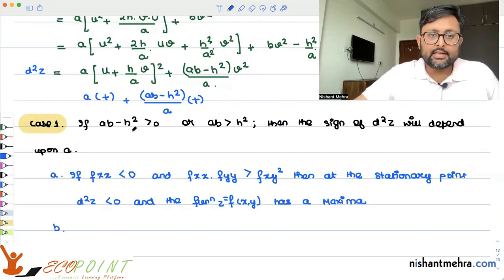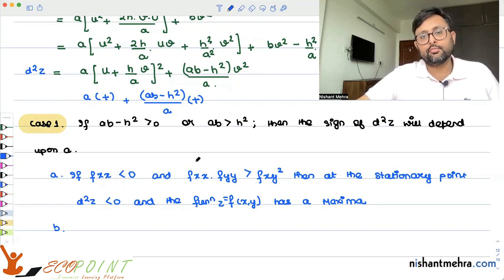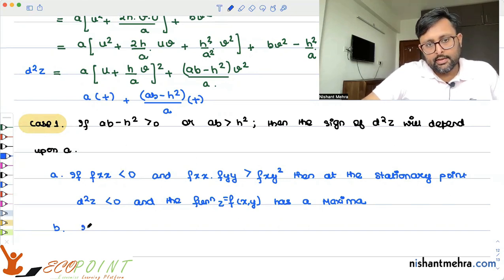Now, again, this condition is holding. ab minus h square is positive, but a is positive. This is the next case.